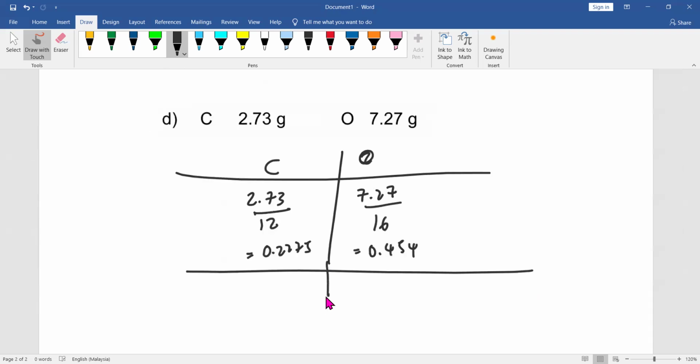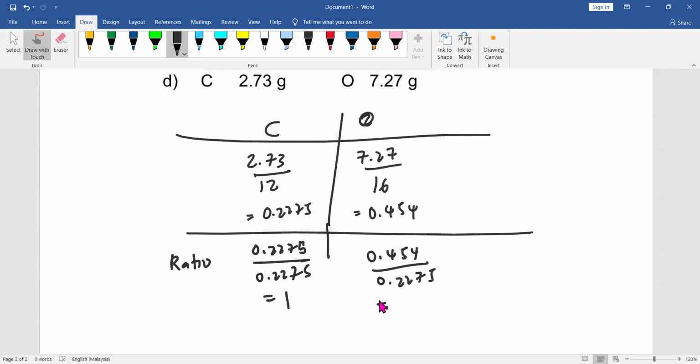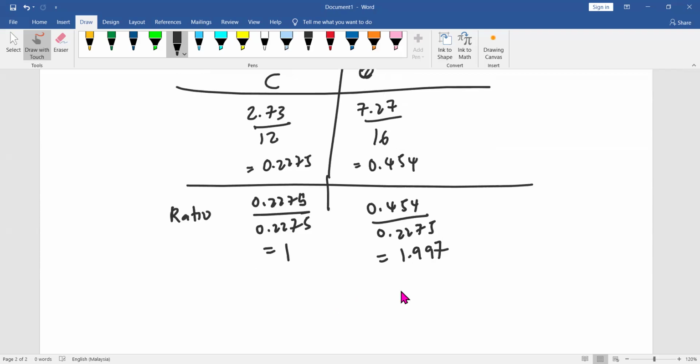It's kind of funny numbers. Always find the ratio, divide by the smallest number. Okay, 1.99, can I round it up to 2? Yes. So it's 1 to 2.